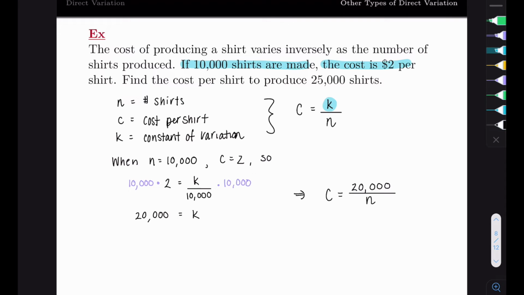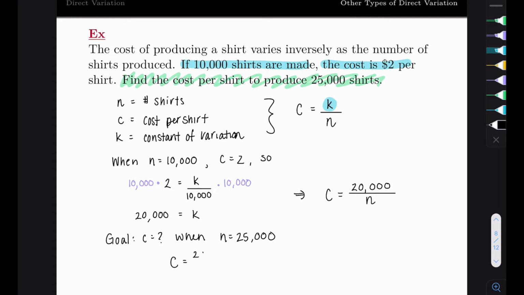And now that we've got our setup, we can actually answer this next part. So we want, what is the cost per shirt to produce 25,000 shirts? So our goal now is what does C equal when the number of shirts is 25,000? So all we do is plug that into our equation.